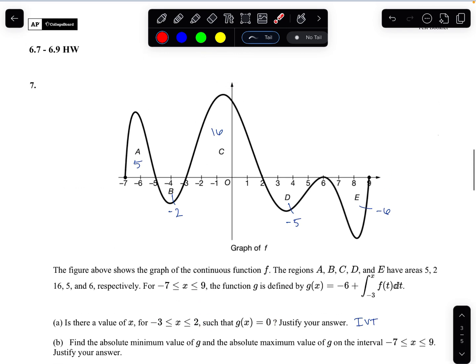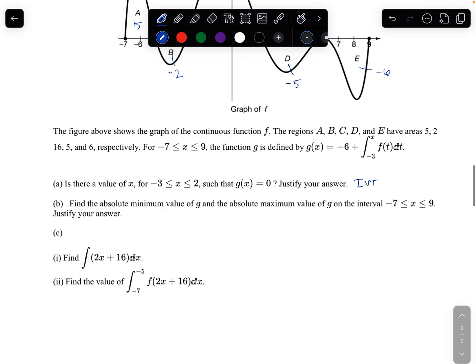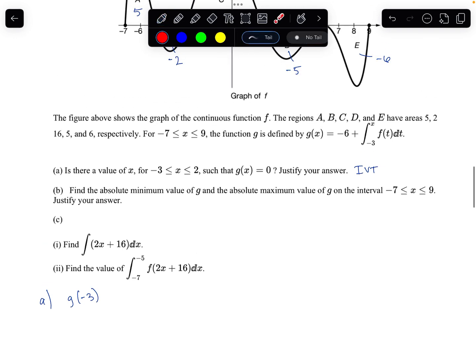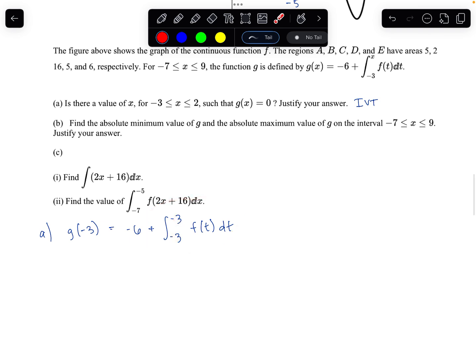So what I'm going to do is evaluate g of -3. If I plug in -3 for the x spots right here, g of -3 is going to be equal to -6 plus the integral from -3 to -3 of f of t dt. Well, I know that an integral over an interval of 0 is 0, so this will be equal to just -6 plus 0.